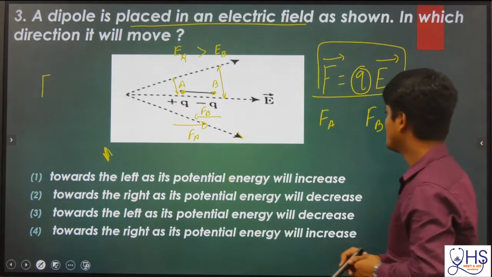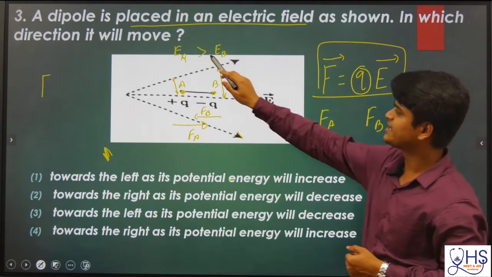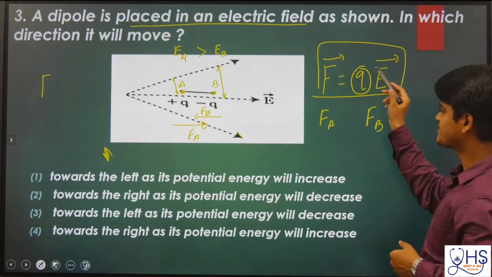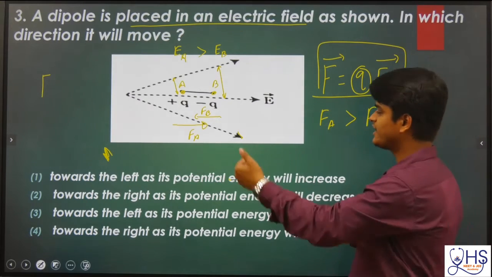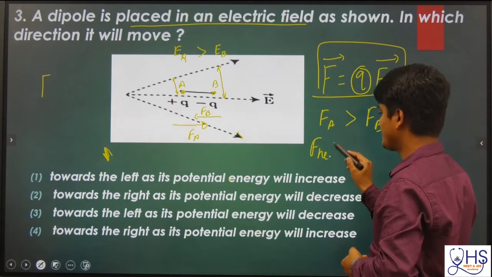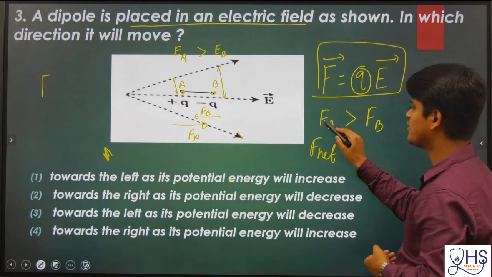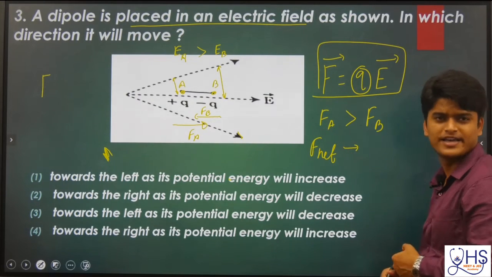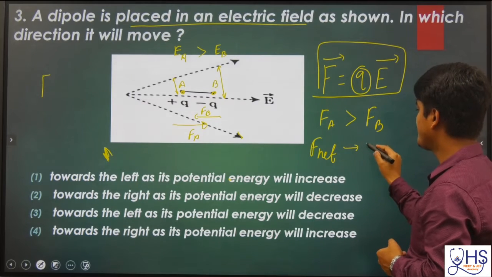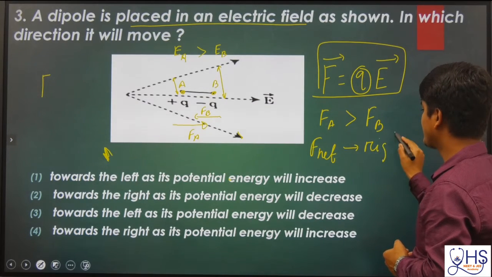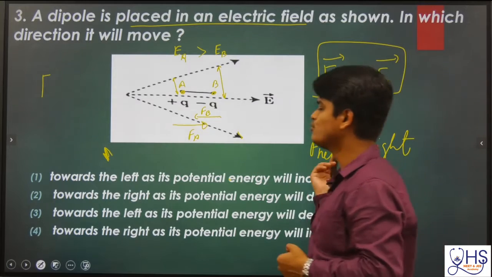But here if you see the electric field strength, according to this formula, the force on A will be greater. So the net force, if you calculate, will be in the direction of A, because Fa is greater, so the net force is towards right. So I can write that F net will be towards the right direction. So the dipole will move towards right.